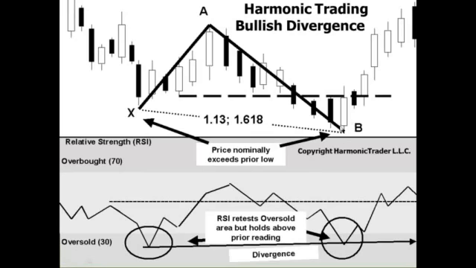Now, the price action will stabilize and reverse at one of these extension ratios. At the same time, the relative strength reading reverses out of the oversold area, and the secondary test reverses above the initial low of the RSI reading. So we have price going below the initial point X, while the secondary indicator reading is higher than the initial point.